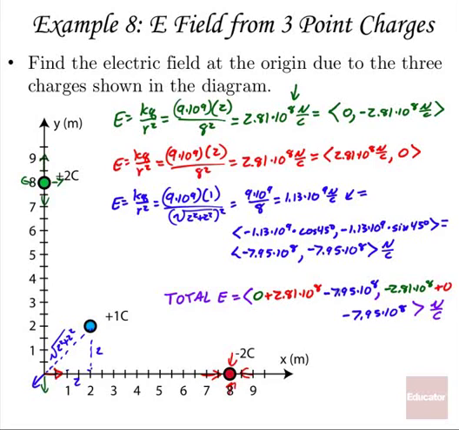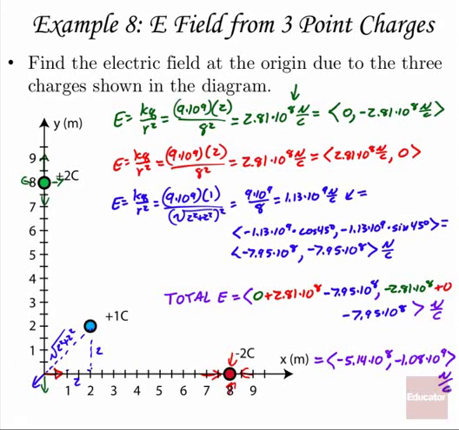So I pull out my calculator, I add up all my x's, add up all my y's, and I end up with a total electric field of about negative 5.14 times 10 to the 8th for the x, and negative 1.08 times 10 to the 9th for the y. And all of that is in newtons per coulomb.